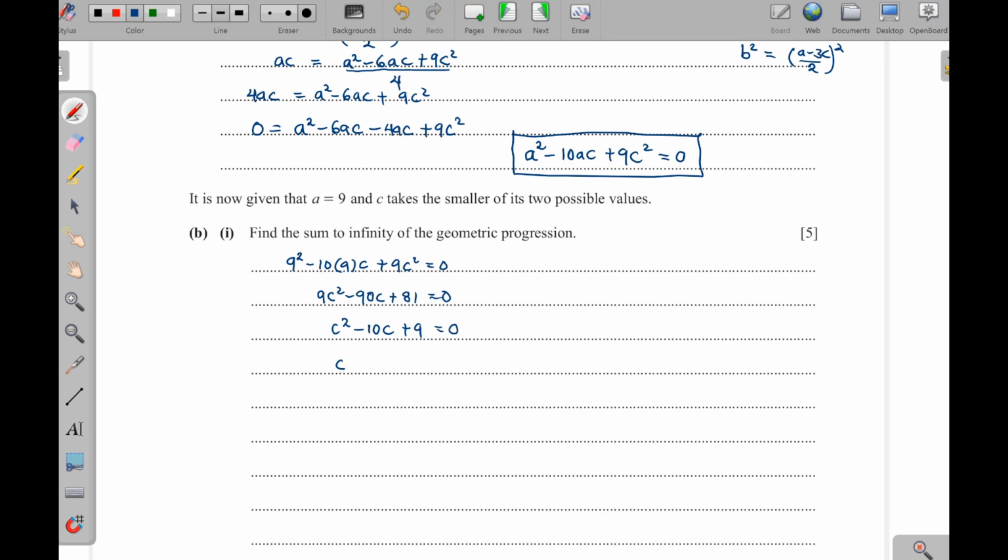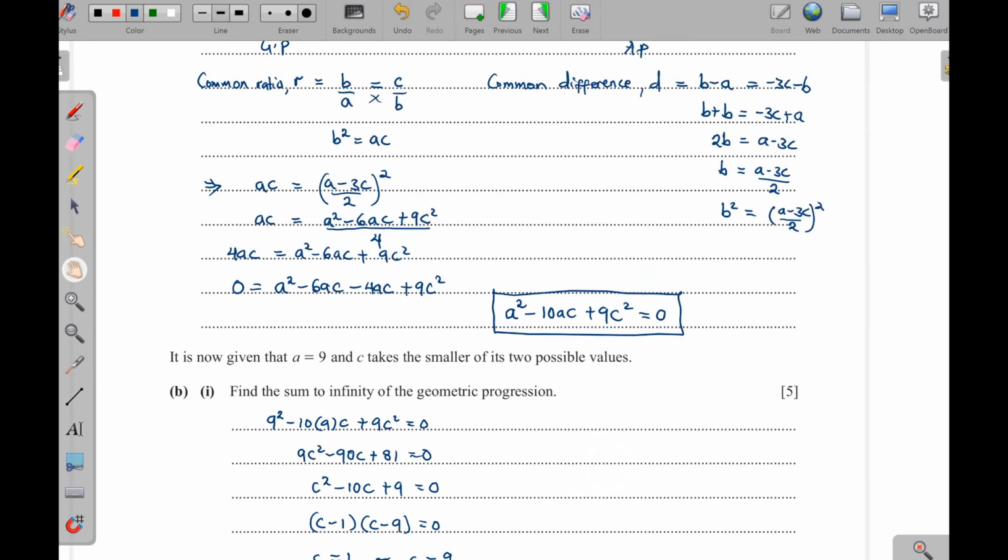That will be negative 1 and negative 9. So c will be equal to 1 or c will be equal to 9. But they said c takes the smaller of its two possible values. So therefore, c has to be equal to 1. You see that?